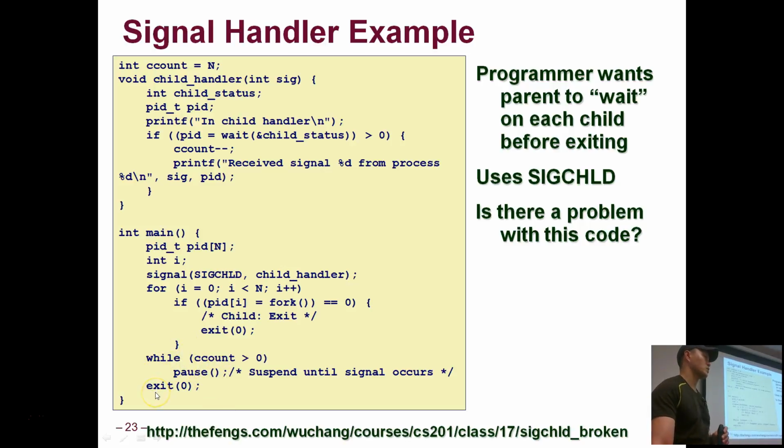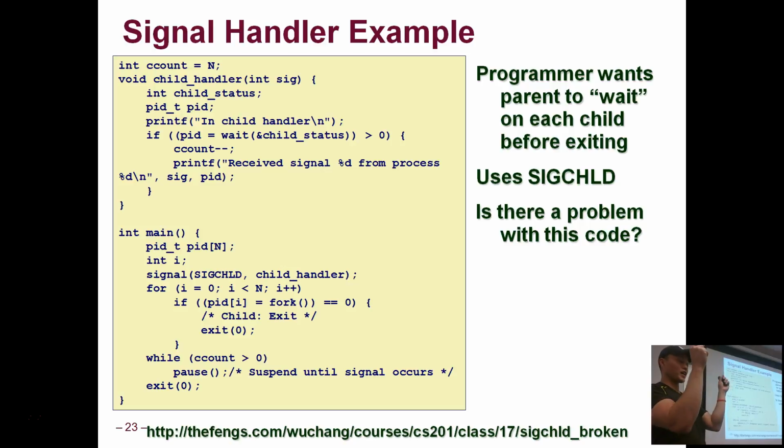What happens if 2 children die simultaneously? Yeah, this thing has to wait around to get the signals. Yeah, that's exactly it. Remember, these signals aren't queued.